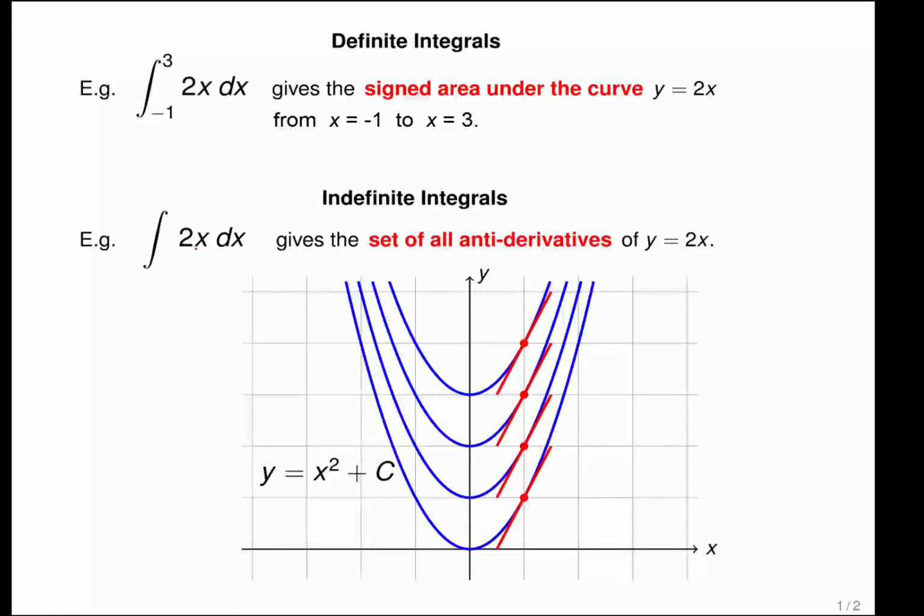This means that the family of functions given by y equals x squared plus any constant all share the same derivative of 2x. And conversely, it turns out that any function with a derivative 2x must come in this form. Thus, this family of functions is precisely our indefinite integral.